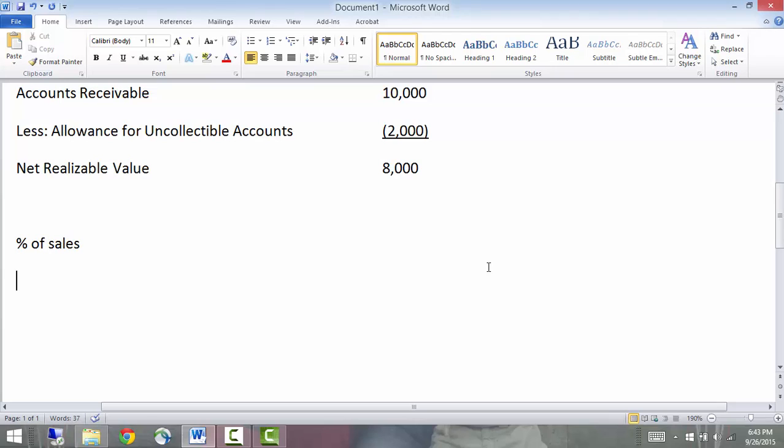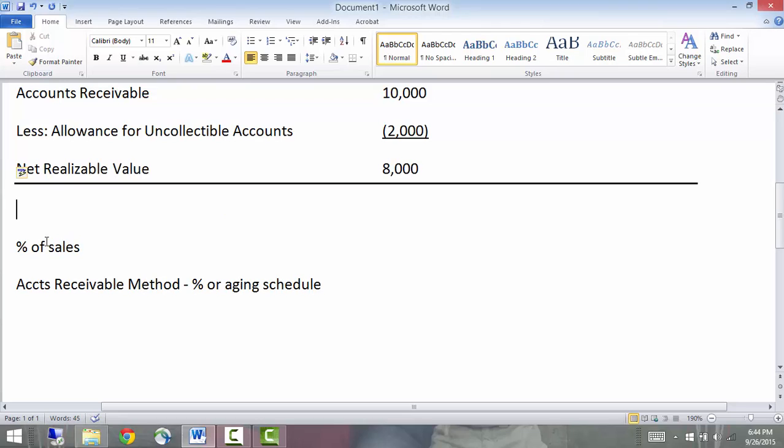And the other method is called the accounts receivable method. It can be a percentage of accounts receivable or what's called an aging schedule.